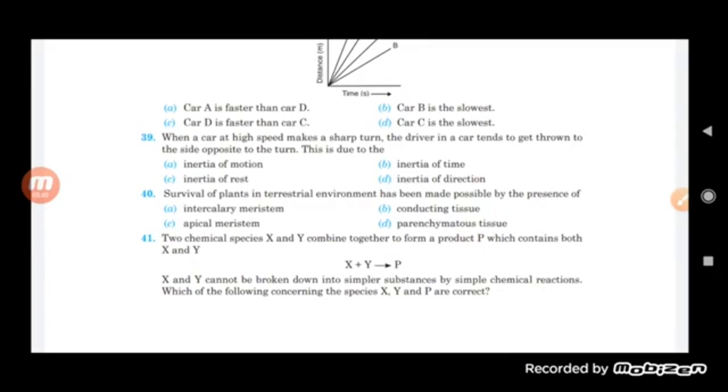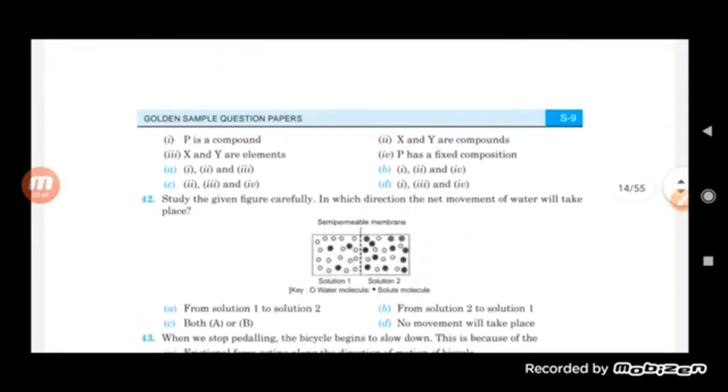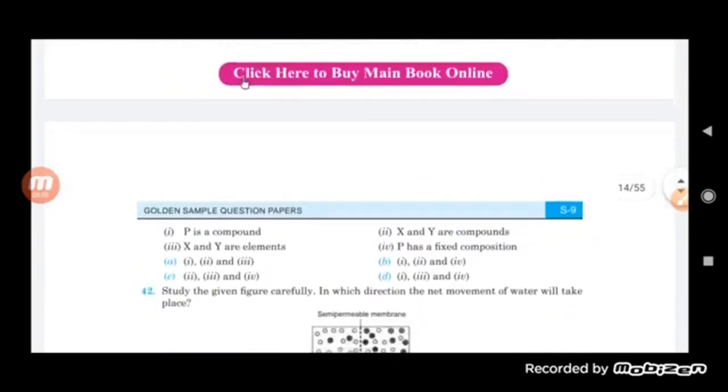Which of the following statements concerning the species X, Y and P are correct? P is a compound, X and Y are compounds, X and Y are elements, P has a fixed composition. We have to find which of the following is correct.